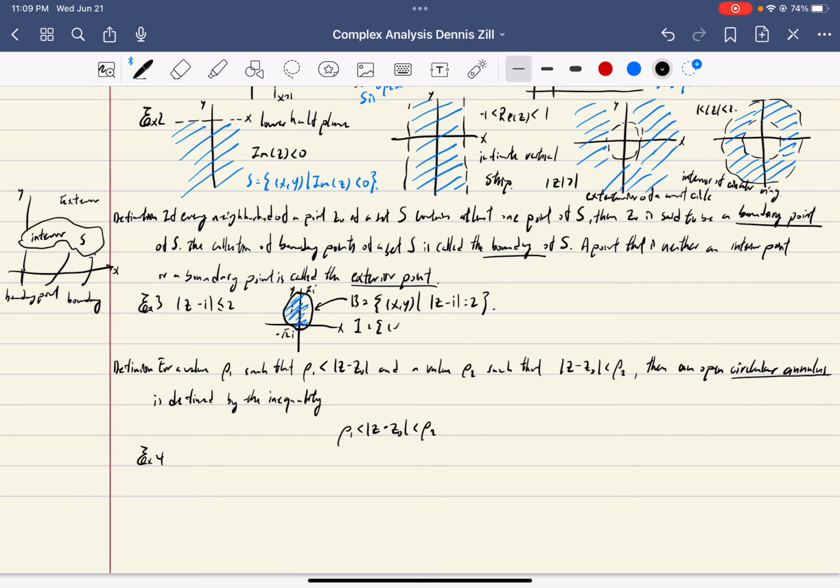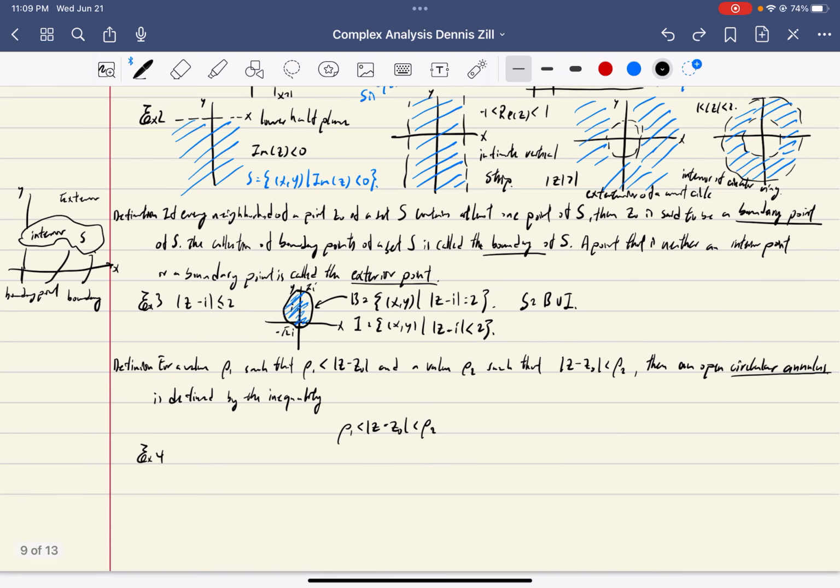That is a set of points xy such that the modulus of z minus i is less than 2. And then we say S is basically just B union I, right? So that is what this inequality defines. We call it S.